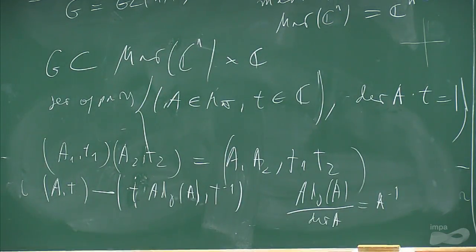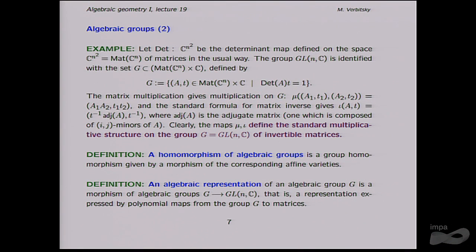And here I made an error. I should have written T here and T there, yeah. So in fact, it's not T here, determinant of A, because it should be the inverse of the determinant of this matrix.